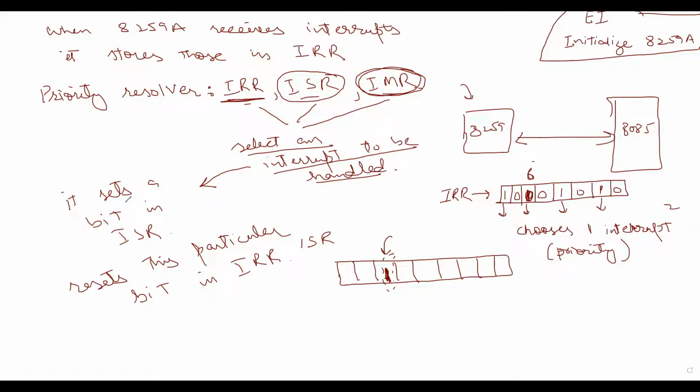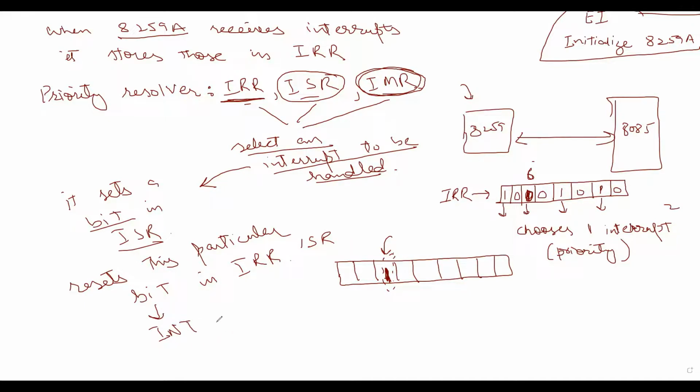Okay, what is it going to do? After this device completes the selection of an interrupt, it sends the INT signal to 8085.